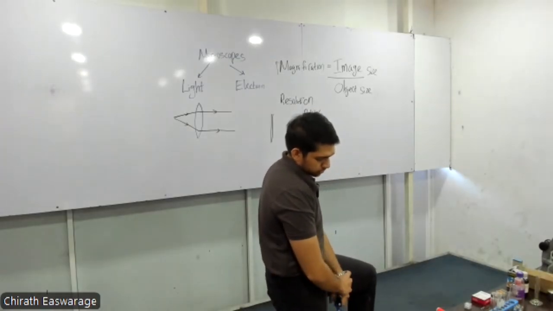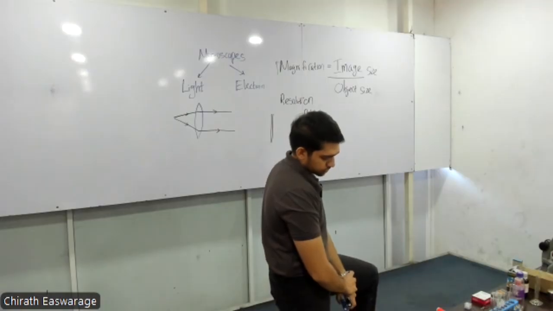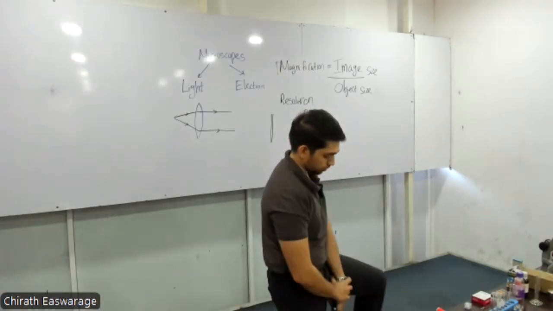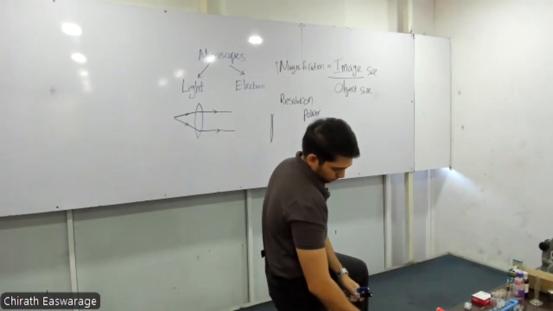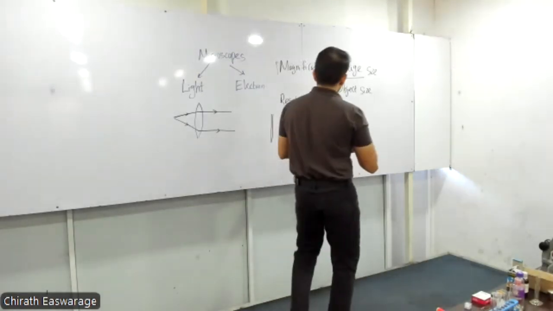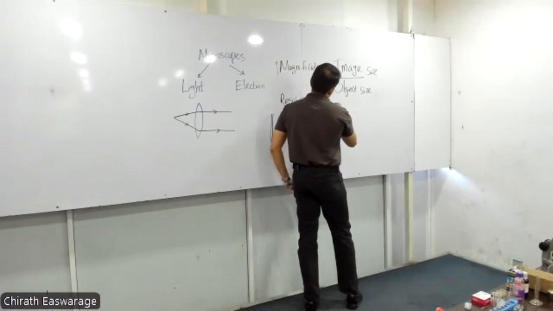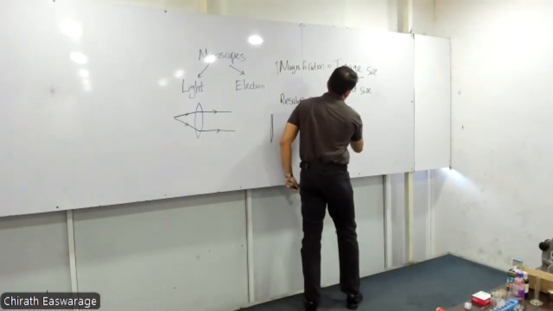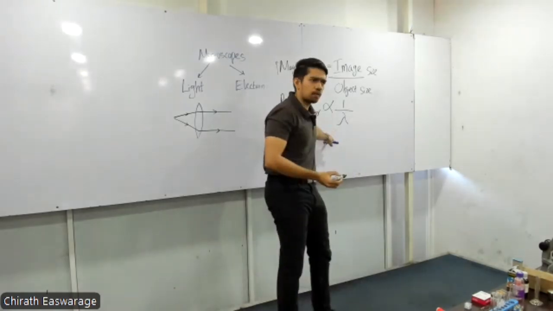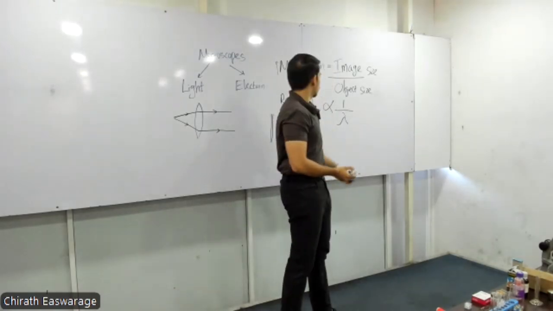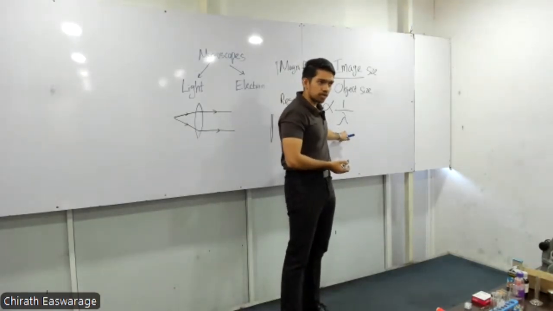Light from an object, the specimen, passes through the objective lens and produces a magnified image. Before that, this resolution power, you can say it is inversely proportional to the wavelength. This is lambda, used to indicate wavelength.